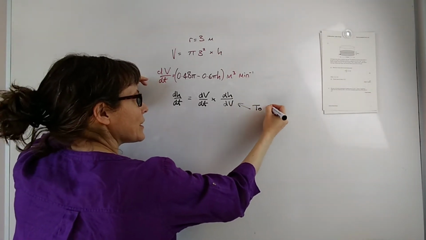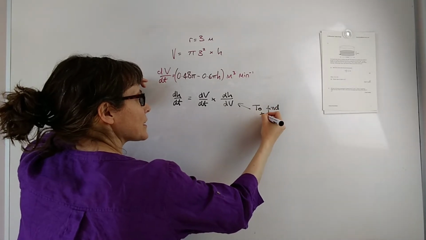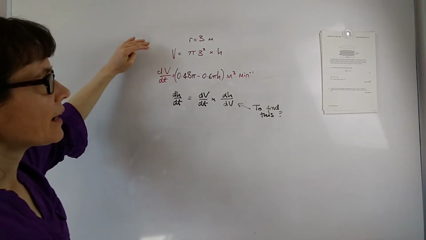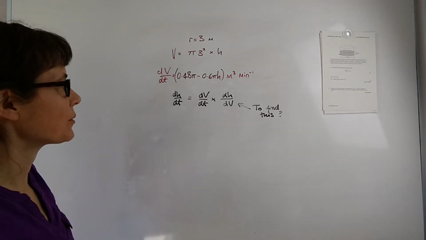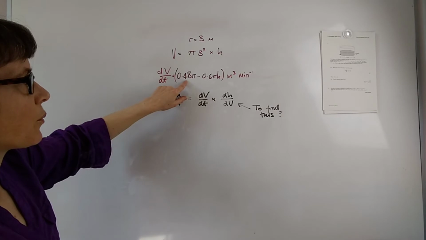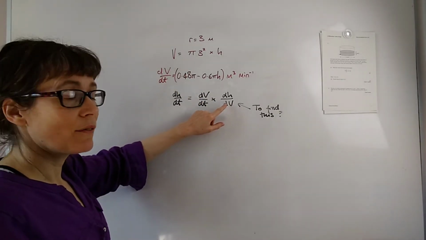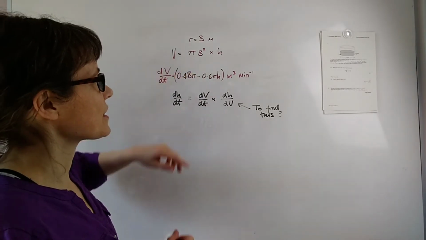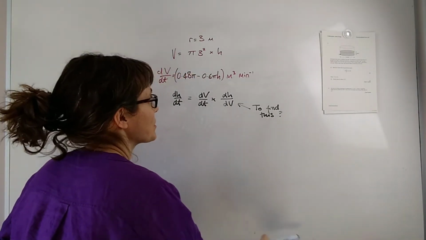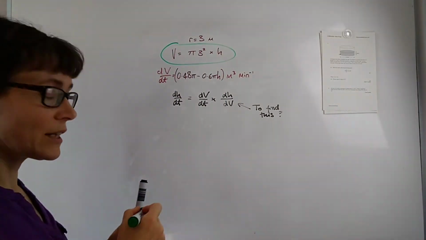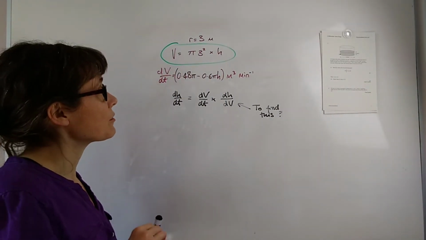To find this, somewhere in our question is a piece of information that we have. This bit here, dV/dt, we know, and dH/dV we don't know, but we do have this relationship between volume and height, because we know the tank's diameter is 6 meters. So let's see how this helps.